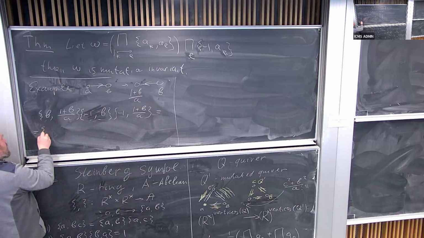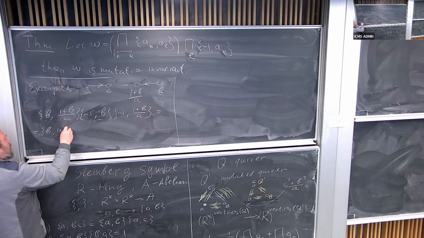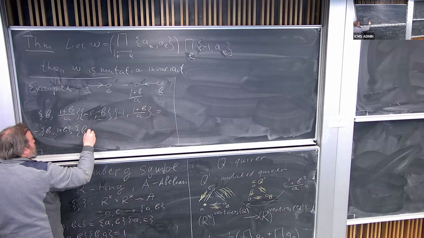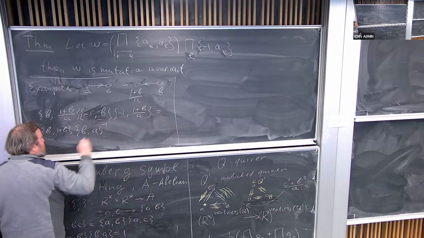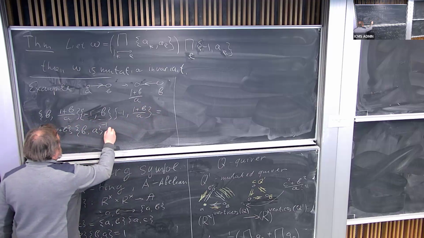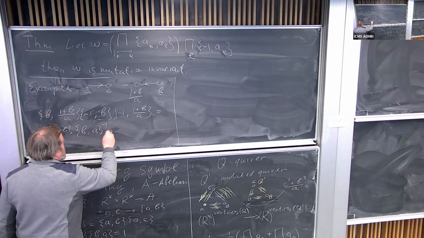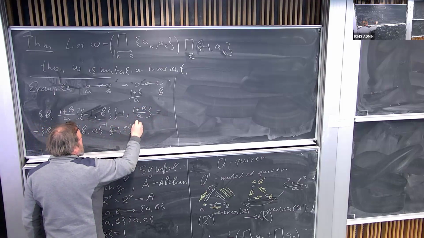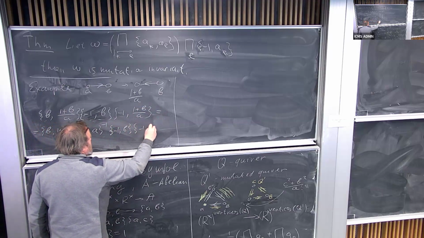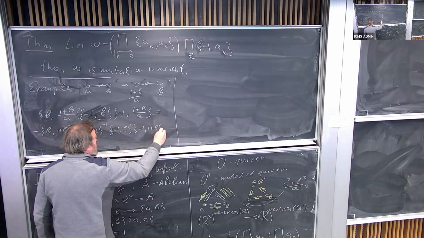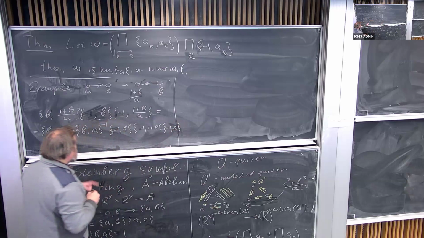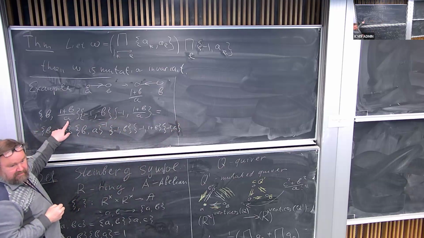I have {B, 1 plus B} times {B, A inverse} times these two terms {minus 1, B} times {minus 1, 1 plus B} times {minus 1, A inverse}, because A is in the denominator.